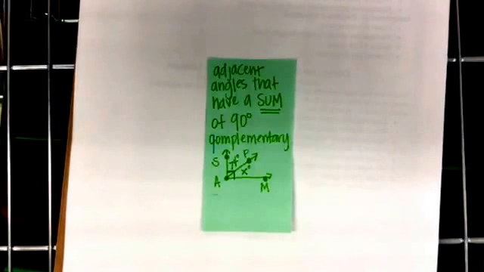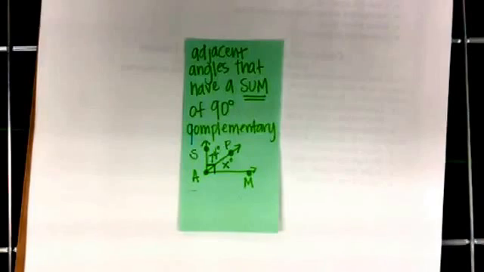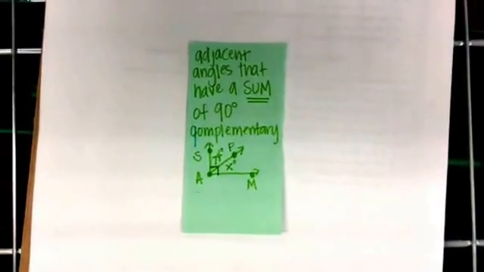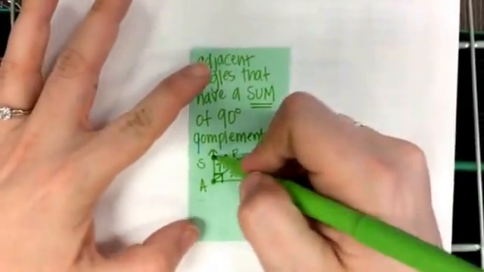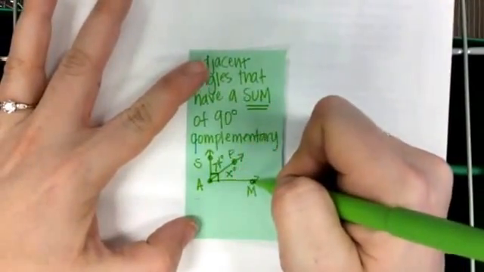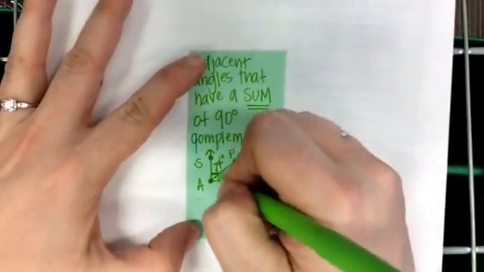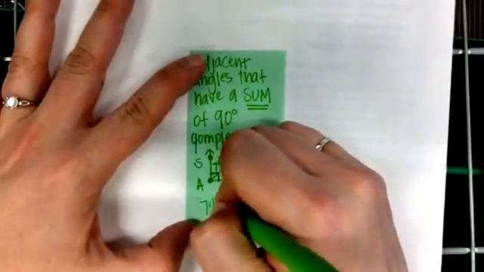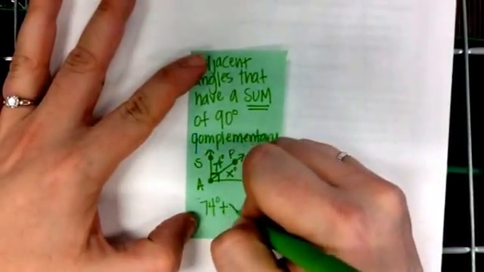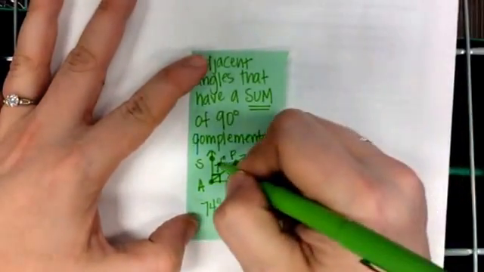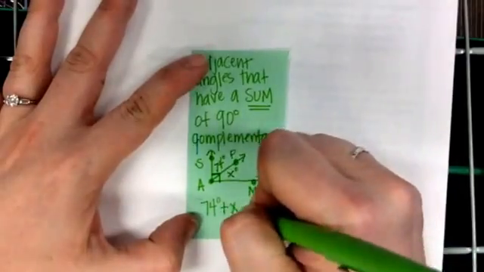Yeah, subtract 74 from 90. Because together, they make 90 degrees. So I'm doing 74 degrees plus X. Add them together, and what am I going to get? 90 degrees.